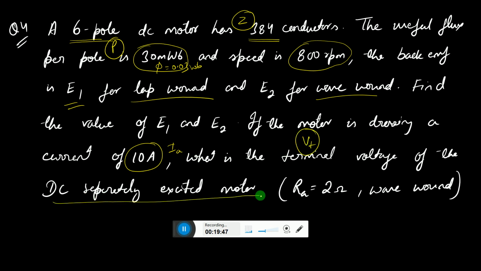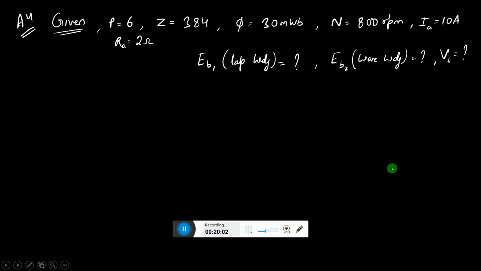It is a DC separately excited motor, that is, the supply is directly connected to the armature and the field winding is separately excited. The resistance Ra of the armature is 2 ohm for wave wound.